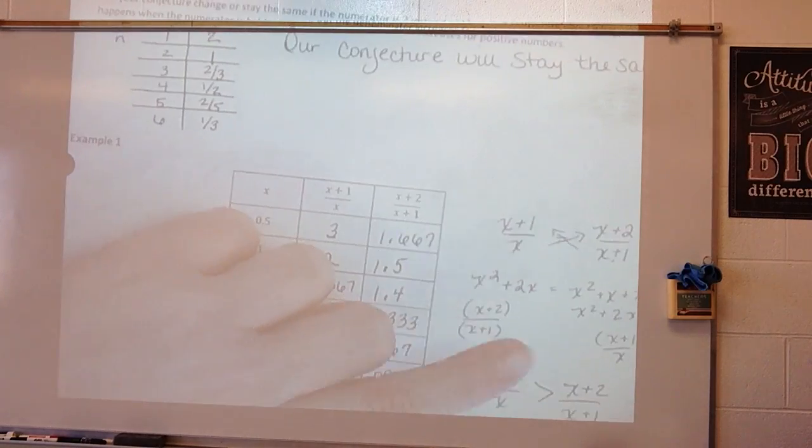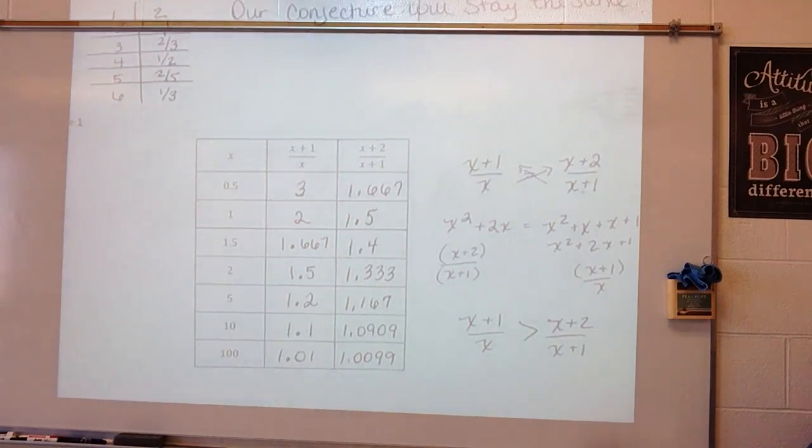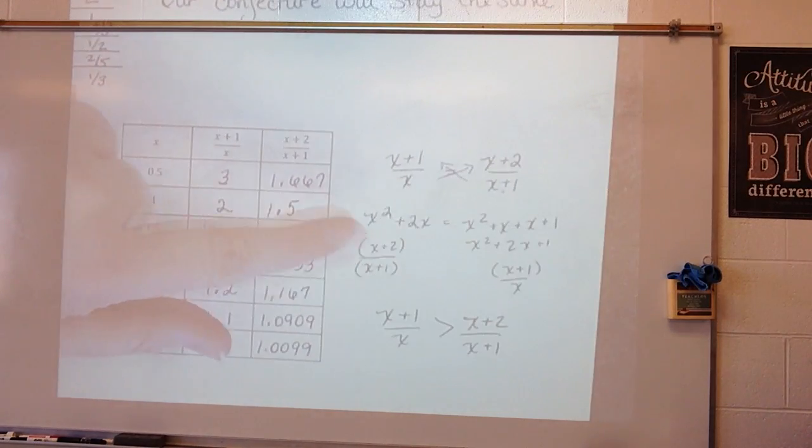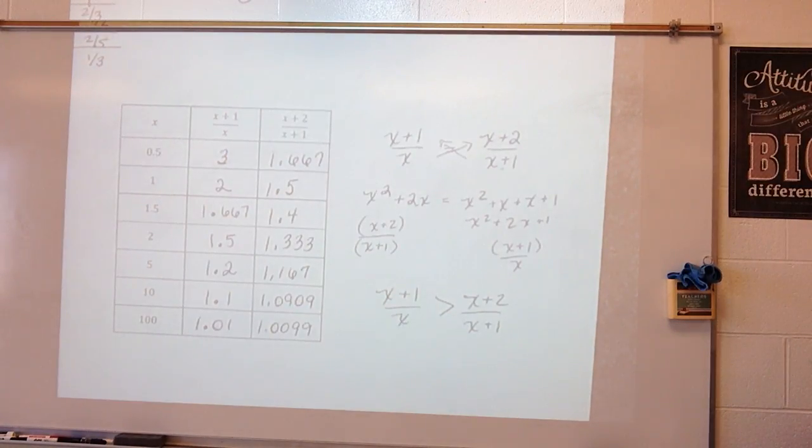Rational expressions, these right here, I cannot just look at a table and see because I don't look at all the positive numbers. So I would have to graph them to see. I can compare several values, but like I said, that doesn't tell me everything. And then algebraically, I can find common denominators, and I can solve it algebraically like this.